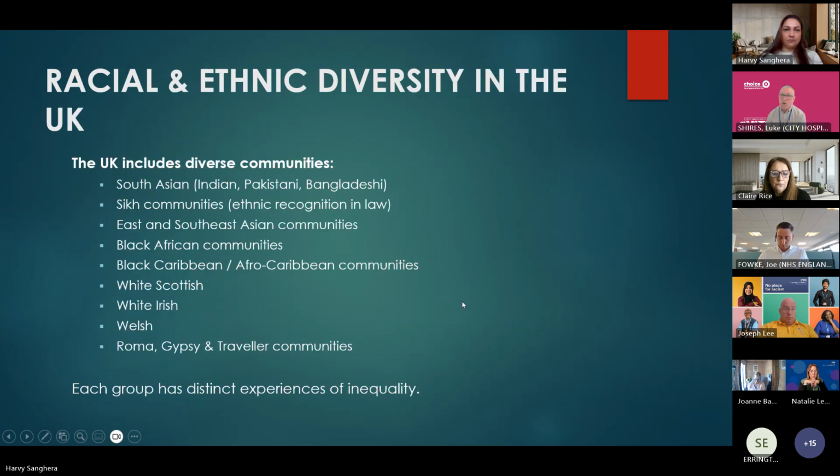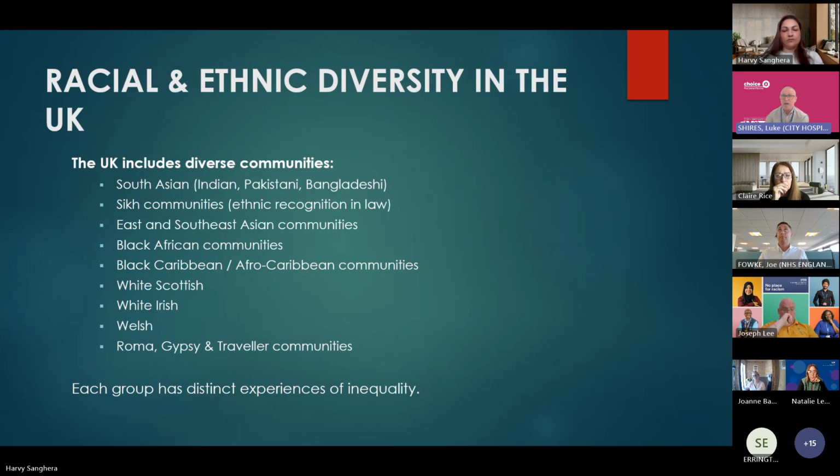Obviously the UK is a multi-racial, multi-ethnic population, with communities varying from the list there, which we're all used to when we're filling out forms. But just living in our communities, we know people come from a very wide range of different backgrounds, including Roma, Gypsy and the traveller communities.